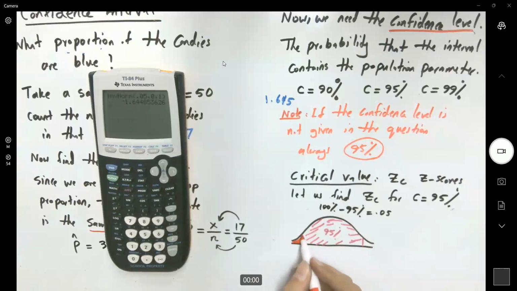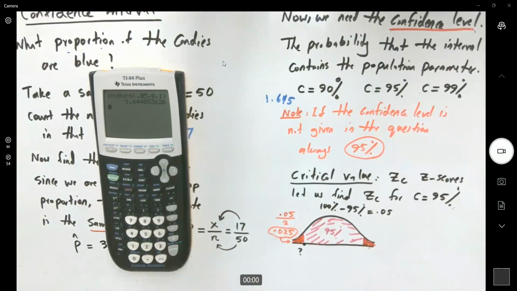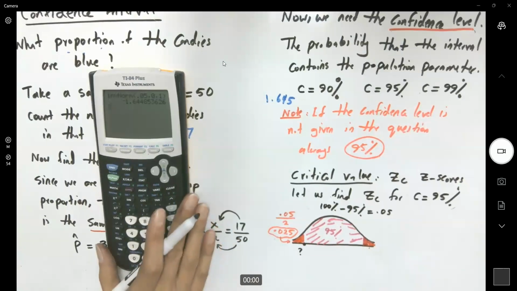You already have 95% of the area. The rest, which is 5%, is divided up into these two little pieces here. So the area on the left is 0.05 divided by 2, which is 0.025. This is my area, this small area here. I want to know, what is this z value? What is this number? So I'm going to use my calculator.